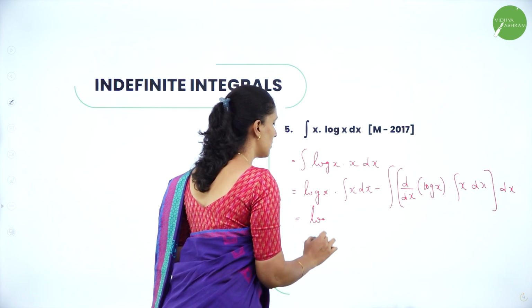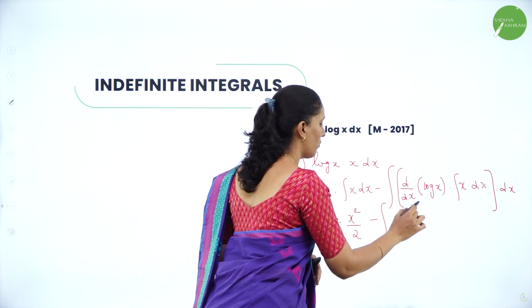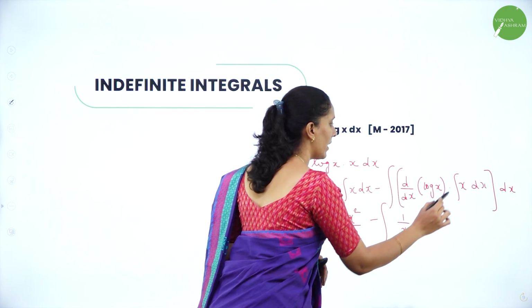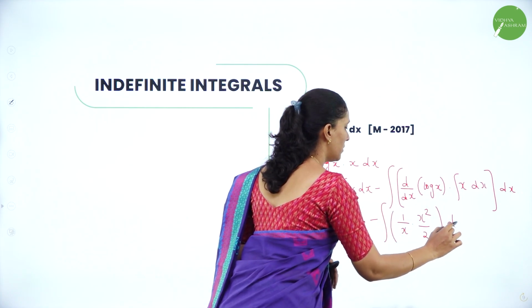So log x into x square by 2 minus integral of log x derivative is 1 by x, integral of x is x square by 2 with respect to dx.